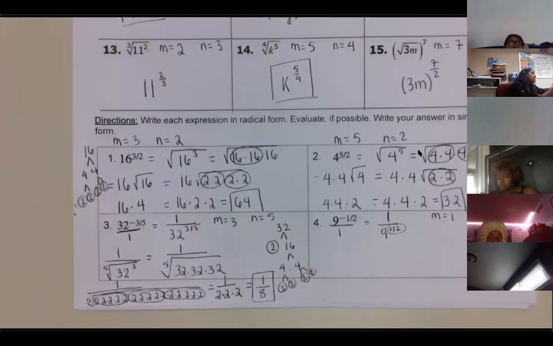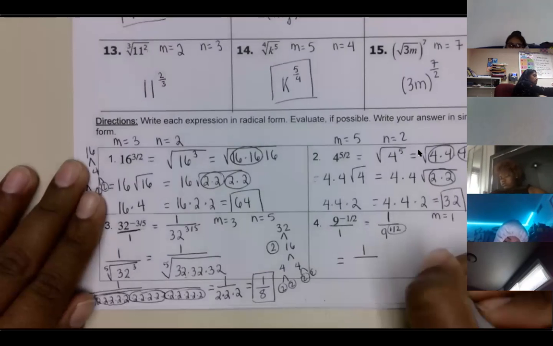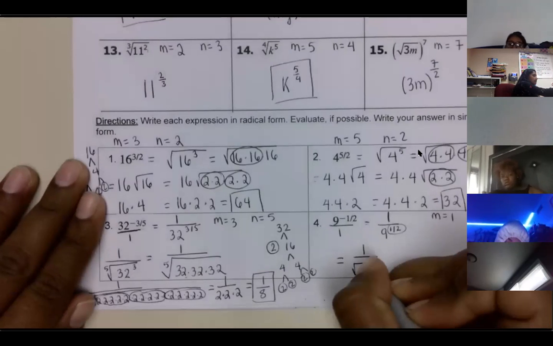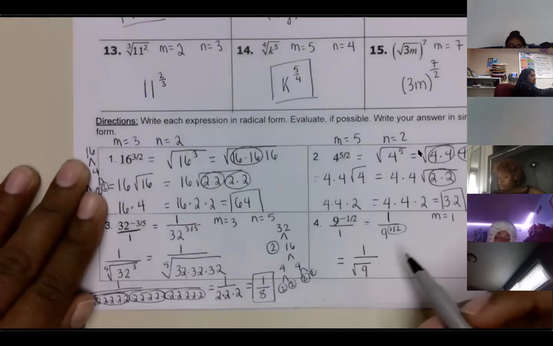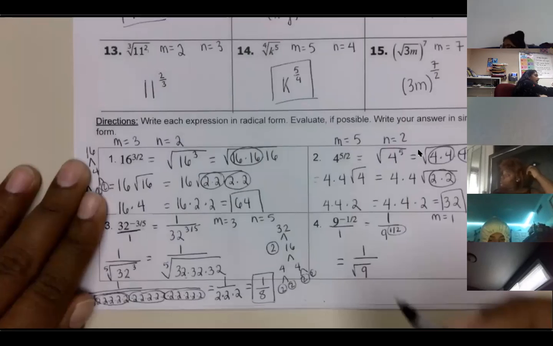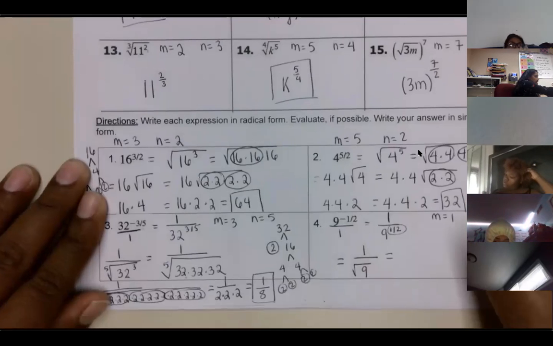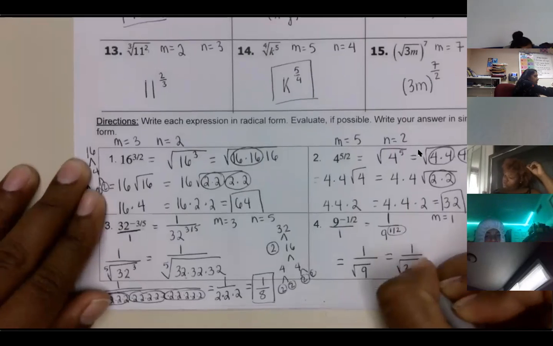All right, from here, we're going to rewrite this as a radical. So it's going to be 9 underneath the radical. The M is 1, so I don't have to write that exponent, and the index is 2, so I don't have to write that either. 9 breaks up into 3 times 3, so it's 1 over the square root of 3 times 3.